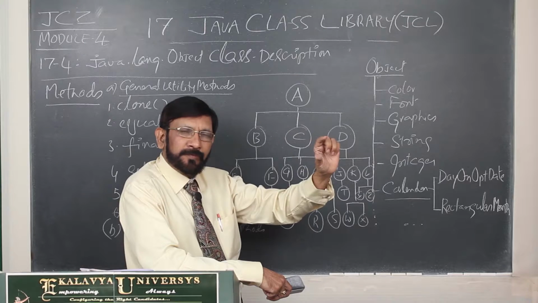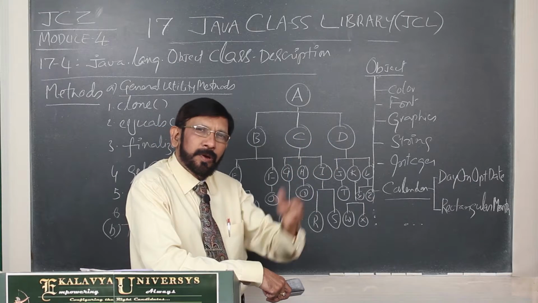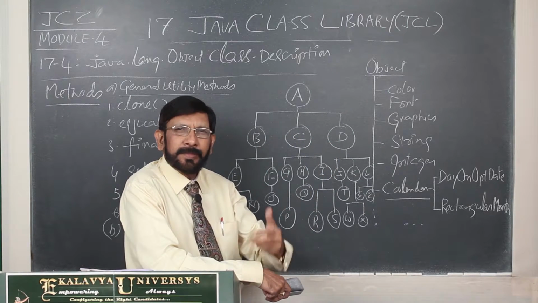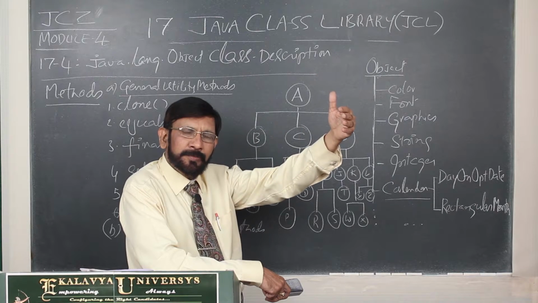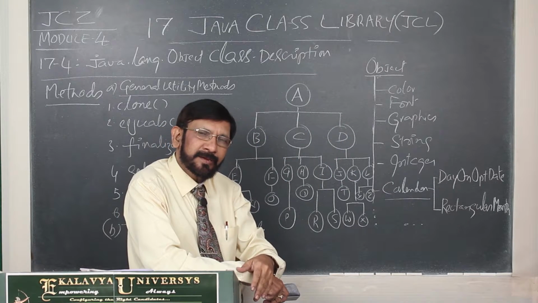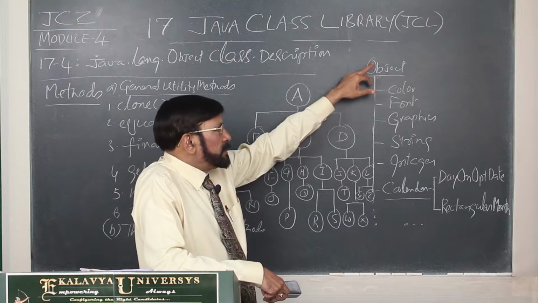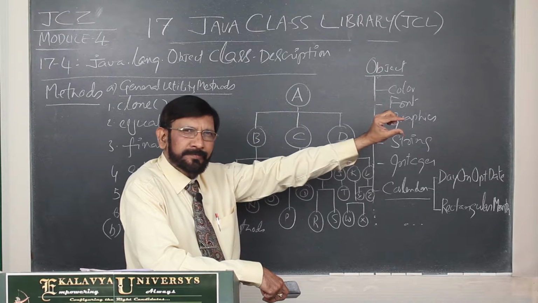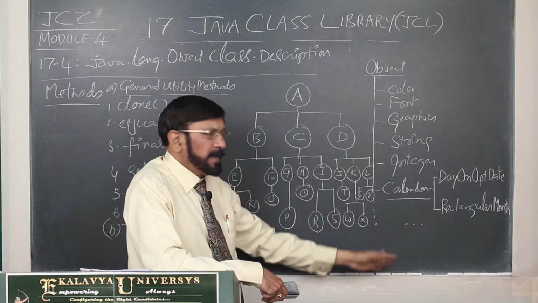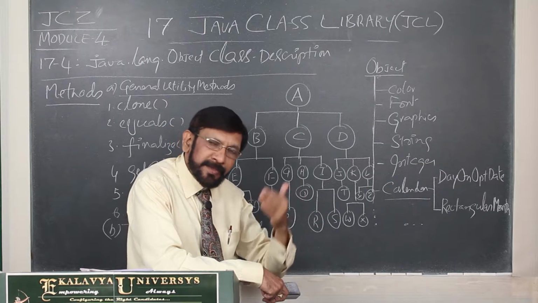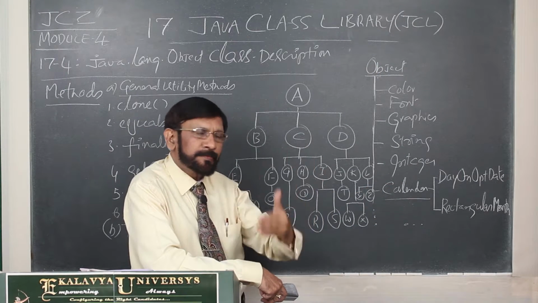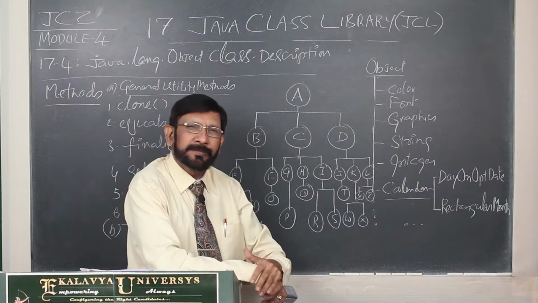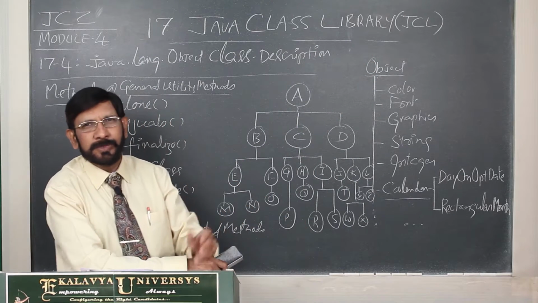Suppose your father has certain property, automatically you are inheriting it. Your forefather has certain property, you are able to inherit that. Like that, a superclass has some general utility methods. Then all other Java classes, by their status being subclasses of this Object superclass, inherit them and use them.